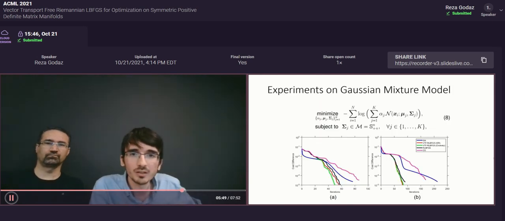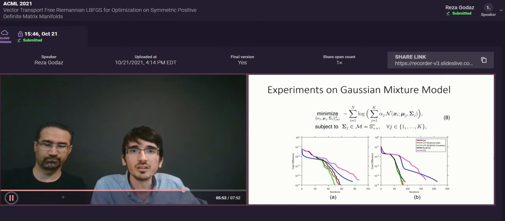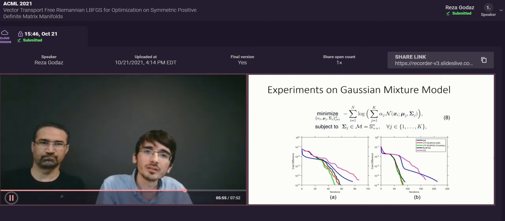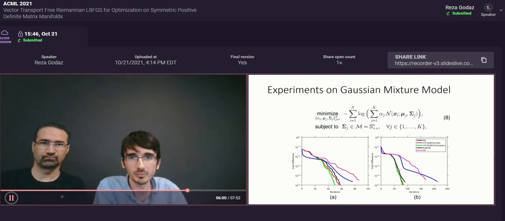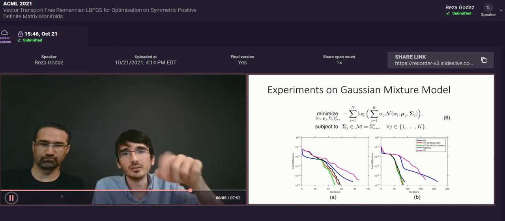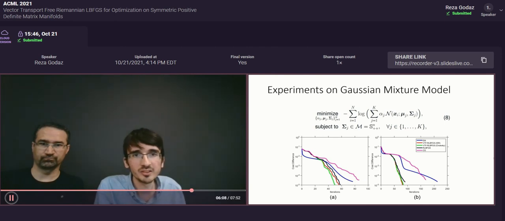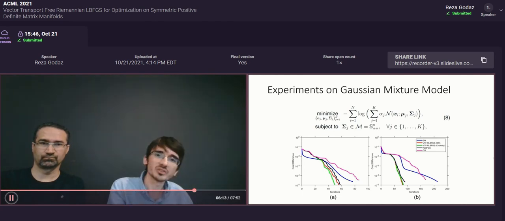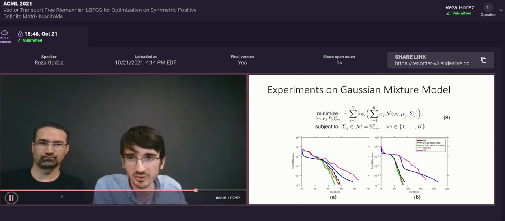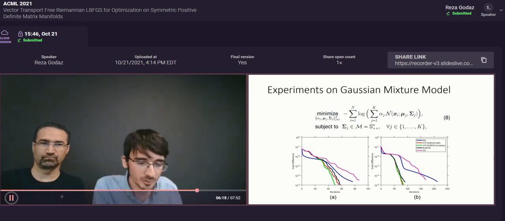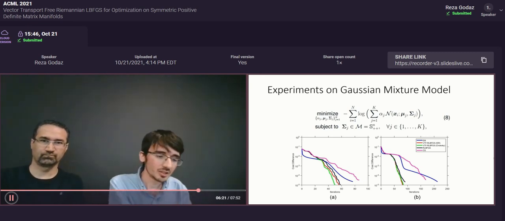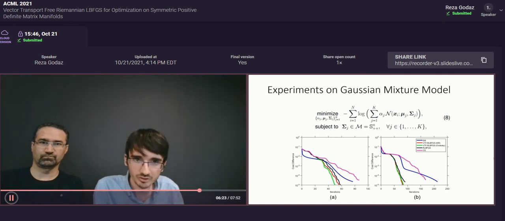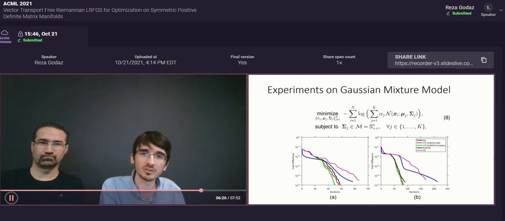We have done two experiments actually. The first extensive experiment we did was on Gaussian mixture models, where we have a mixture of Gaussians, and we want to find the mixing probabilities as well as means and covariances of the Gaussian distributions, where the covariance matrices belong to the symmetric positive definite matrix manifold. Please note that in this paper we are focusing on symmetric positive definite manifolds, therefore our applications and experiments must be in the area of symmetric positive definite.